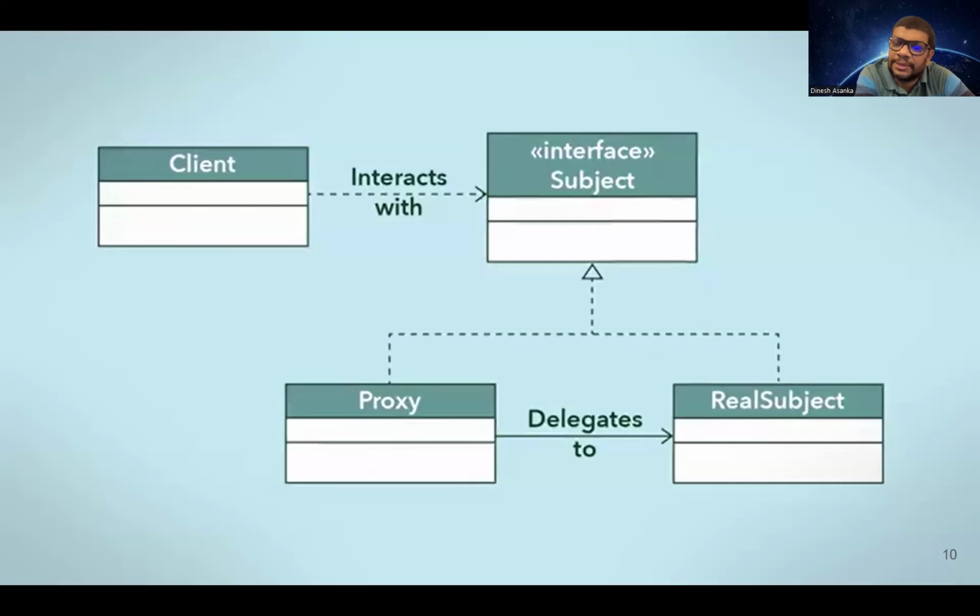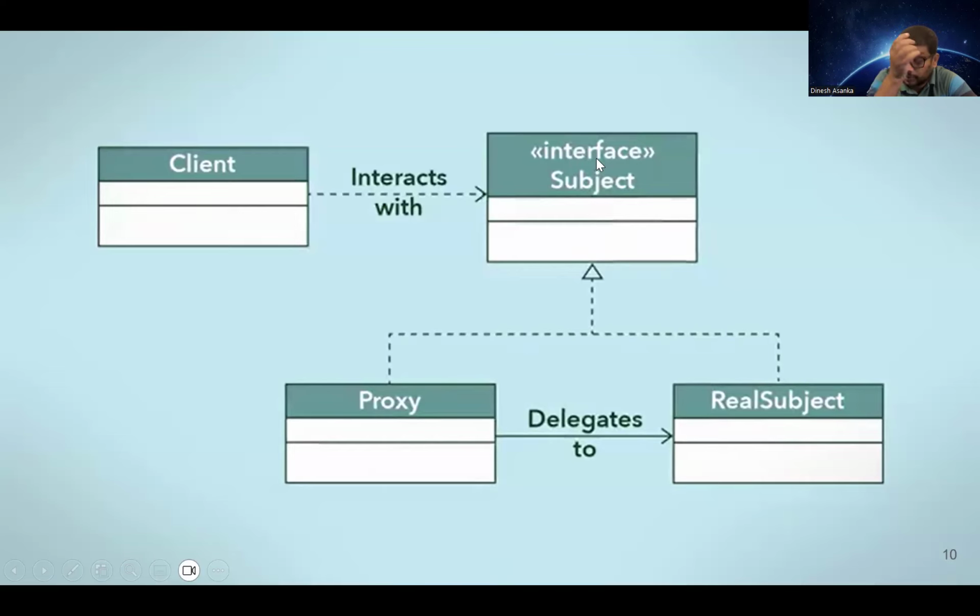Look at this example. This example is taken from the Coursera course, as I said before. What happens here is you can see there is a proxy class and then you have the real class as well. This is the interface. These two classes implement the subject interface.